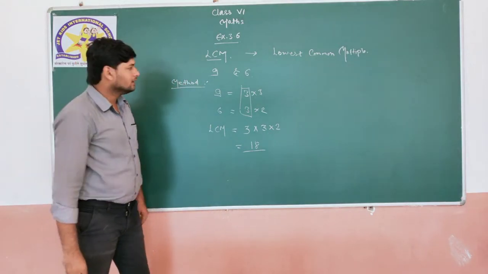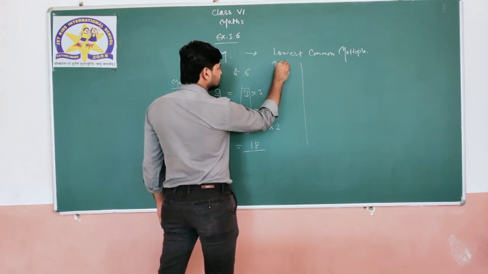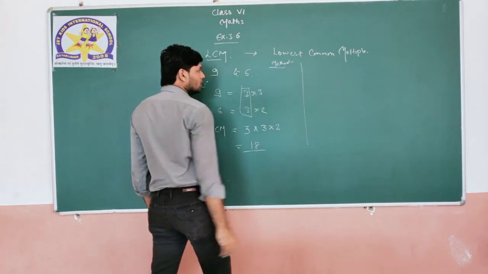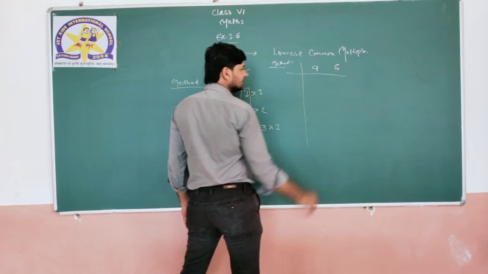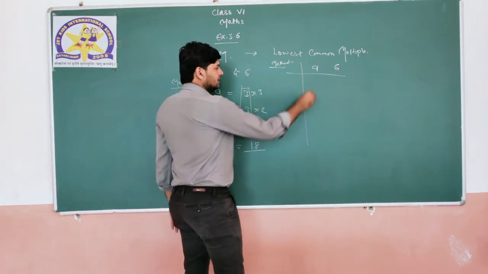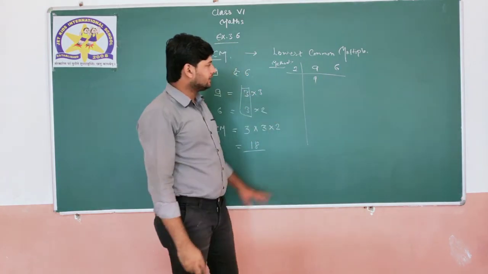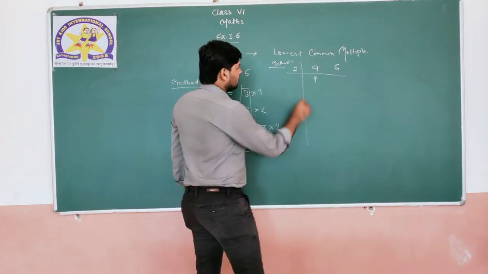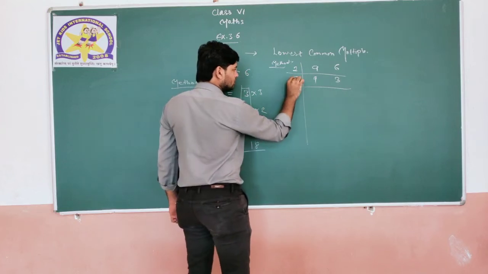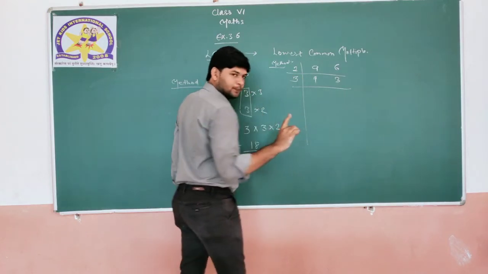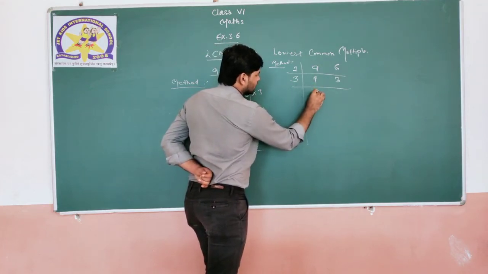Clear? Next method, method 2, the division method. So I have taken 9 and 6, right? Is it divisible by 2? No. Write it directly as it is. Next, 6 is divisible by 2, giving 3. Now both are not divisible by 2, so divide by 3. 3 threes are 9, 3 ones are 3.